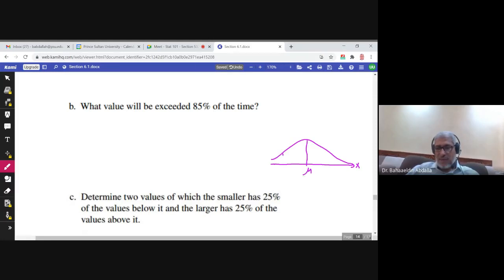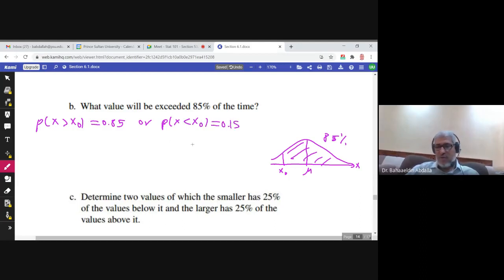85% of the time? So this is x, this is mu. Now he is asking about x0 that will be exceeded 85% of the time. So x0 in this case is a number to the left of the mean. And you know that the probability of x greater than x0 is 0.85, or if you want to write it, the probability of x less than x0 is 0.15.